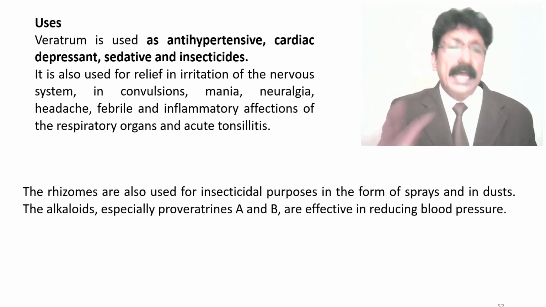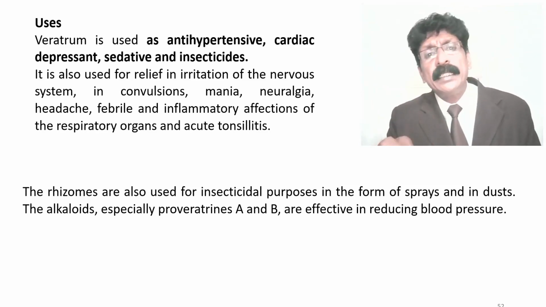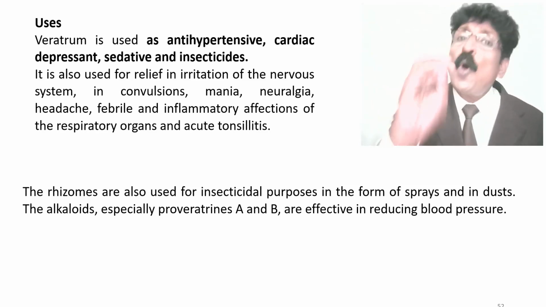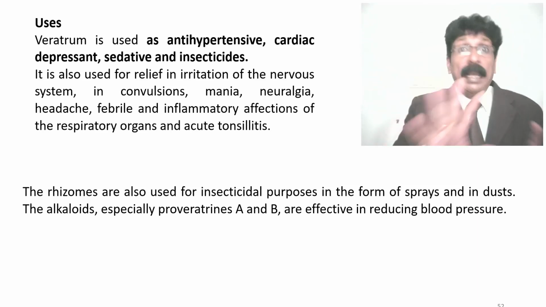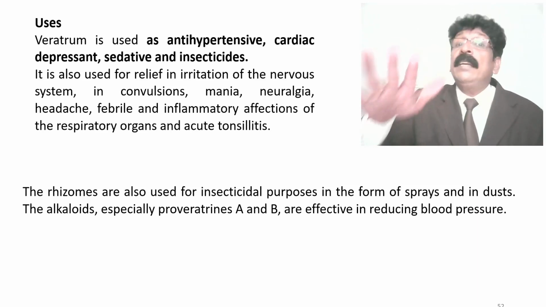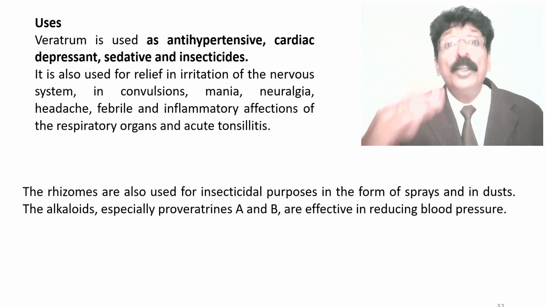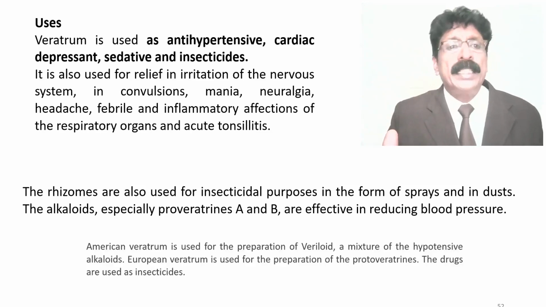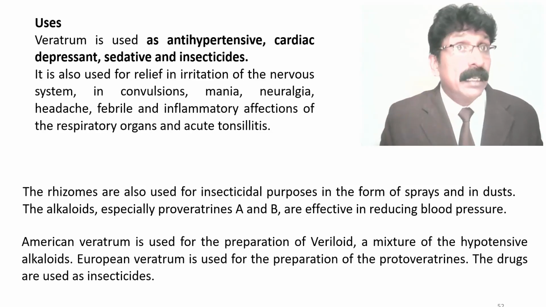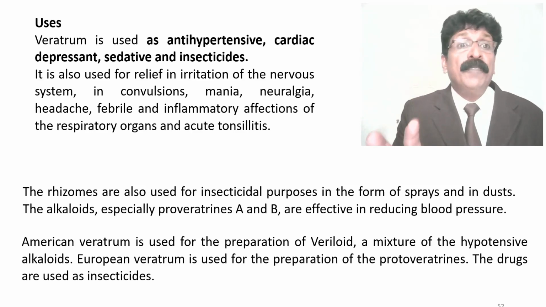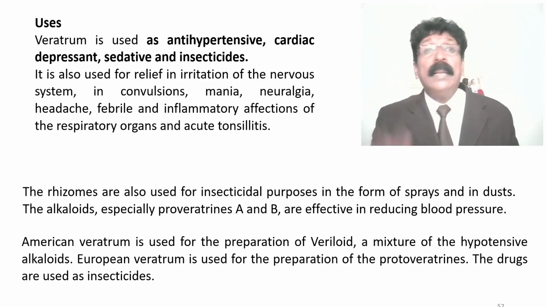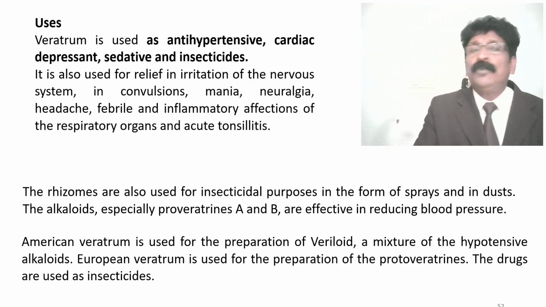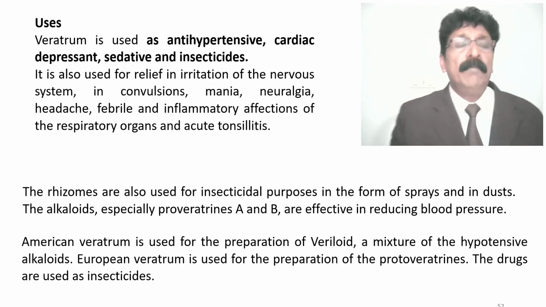The alkaloids, especially protoveratrines A and B, are effective in reducing blood pressure. That's why they are used as antihypertensive agents. So the constituents responsible from Veratrum are protoveratrine A and B, effective for reducing blood pressure.